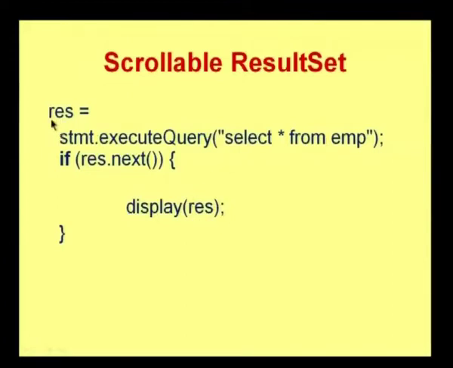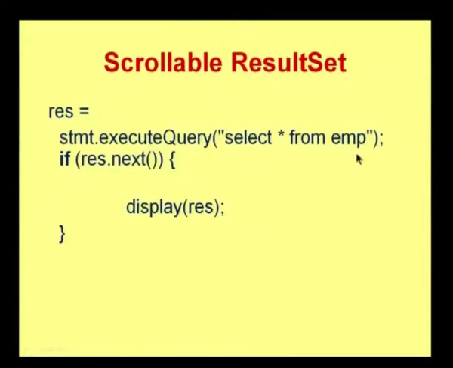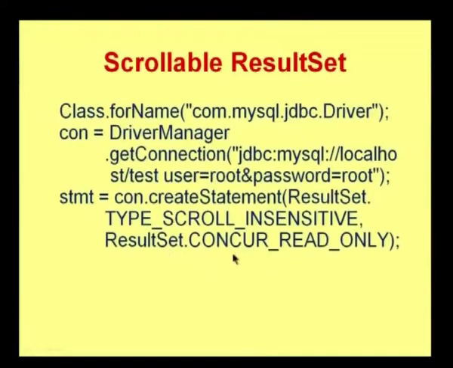Now you can see that this res is a result set which holds these two properties. It is scroll insensitive: nobody can change the value of the employee table while I process my particular result set. If it is insensitive, even if somebody could change it, I will not get the changes in my result set.